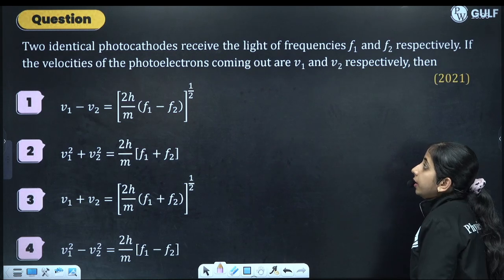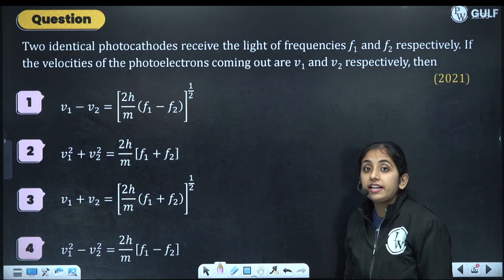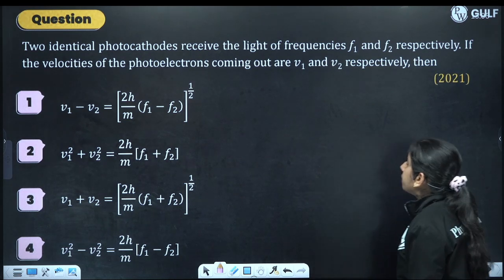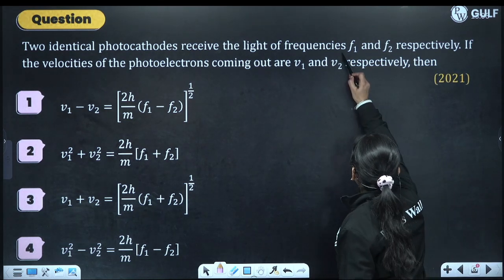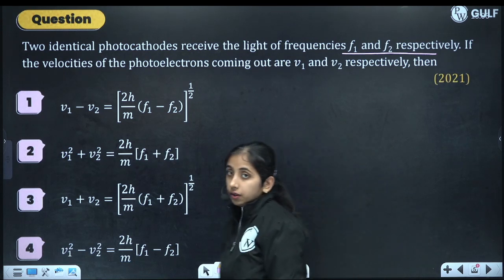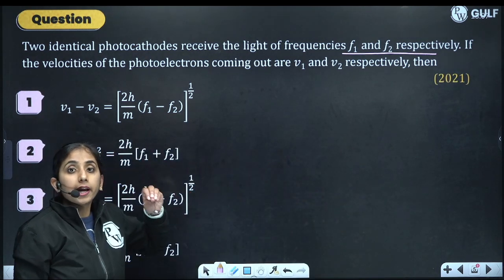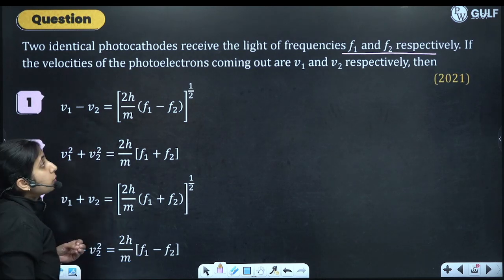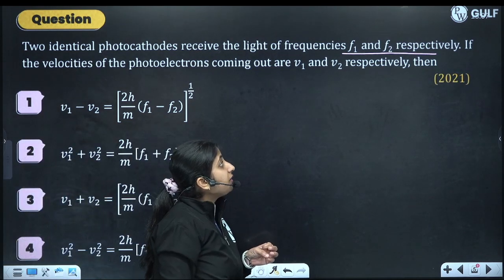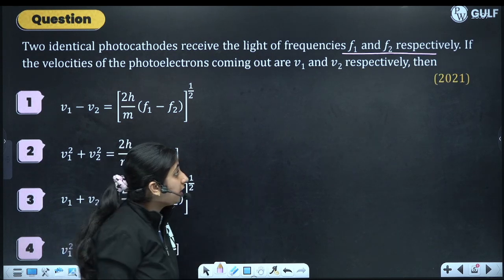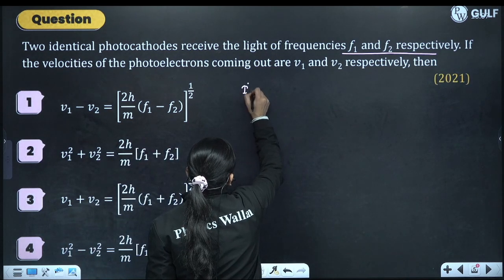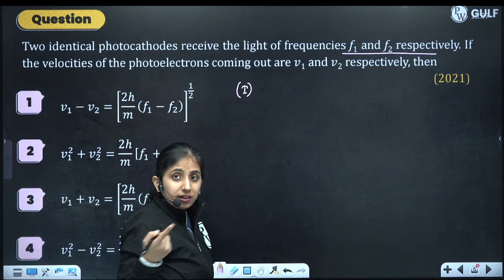Next question. Two identical photocathodes, they are identical, it means they have the same work function, receive the light of frequencies f1 and f2 respectively. If the velocities of the photoelectrons coming out are v1 and v2 respectively. So for first photocathode, it is receiving f1 frequency.